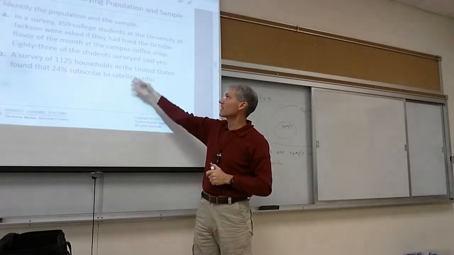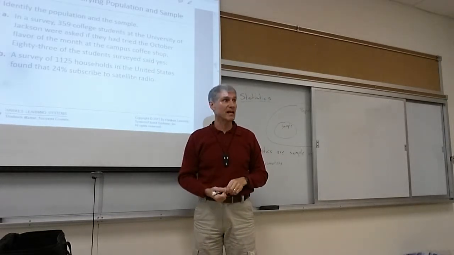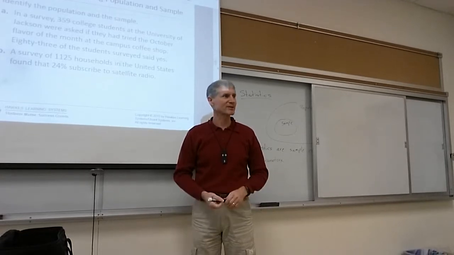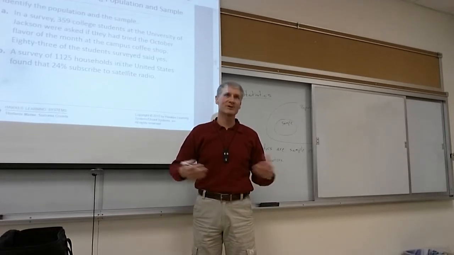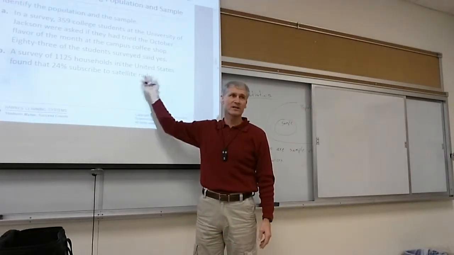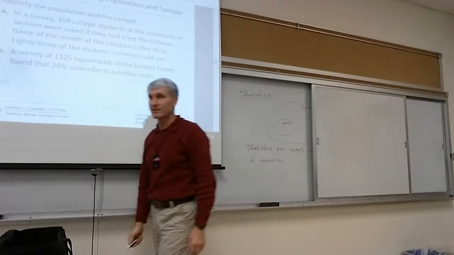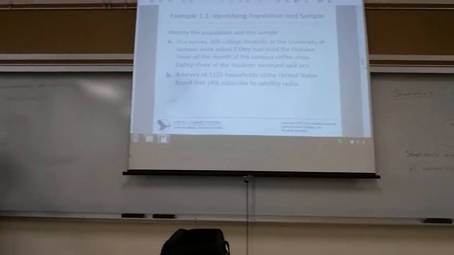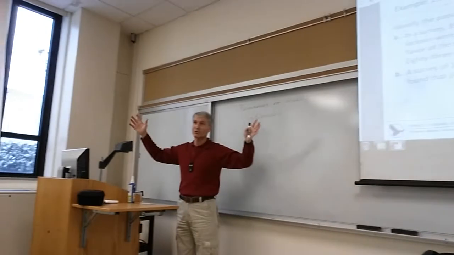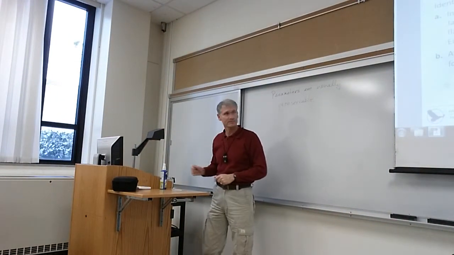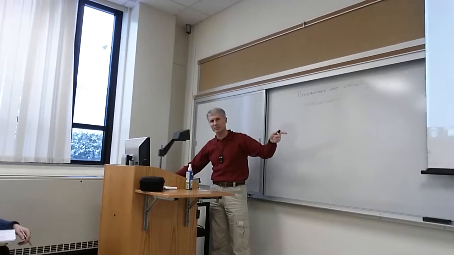Like if I'm interested in households in the United States, but I only sample houses in Topeka, what's my population? All houses in Topeka, but I cannot make inference to all houses in the United States. Right? To get a valid sample to estimate that, I need to have every household in the United States be eligible to get into my sample. Right? What about the 24?